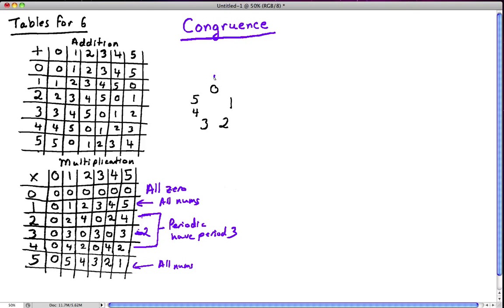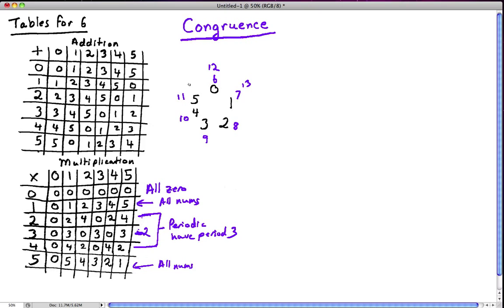So we can write a little 6 here and say 6 is the same as 0, and then 7 is the same as 1, 8 is the same as 2, 9 is the same as 3, 10 is the same as 4, 11 is the same as 5, and then 12 is again the same as 6. We get all these numbers arranged in this circle, and a whole bunch of numbers are the same. This is how we define congruence.